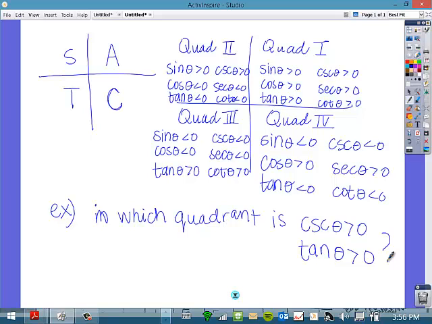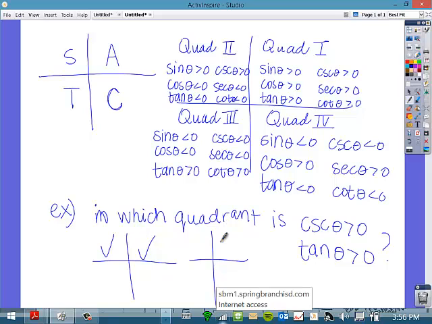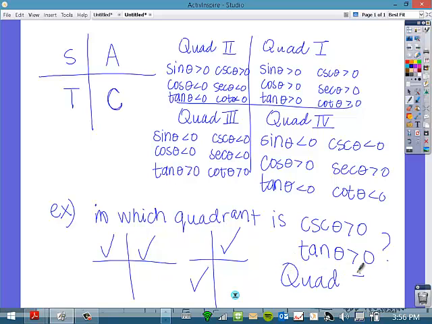So if cosecant is greater than 0, that means which quadrant is sine greater than 0? Well, sine is greater than 0 in the first and the second. Tangent is greater than 0 in the first and the third. So the quadrant that they have in common is the first quadrant. Quadrant 1 is where both of those are positive.